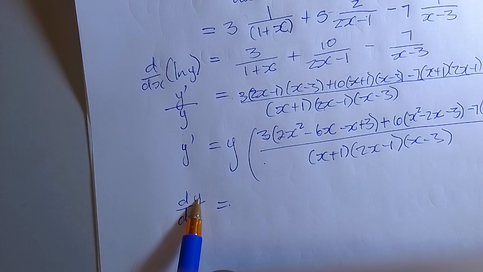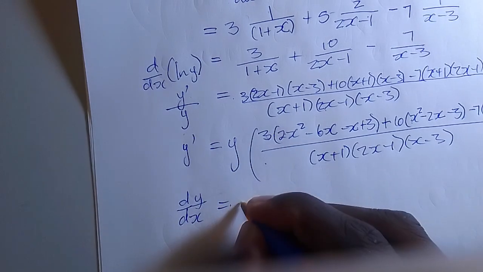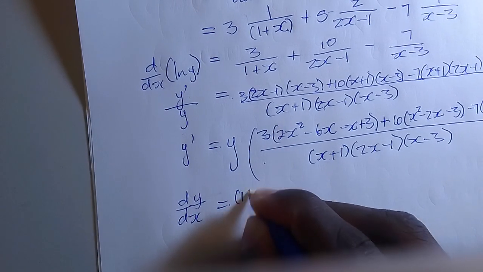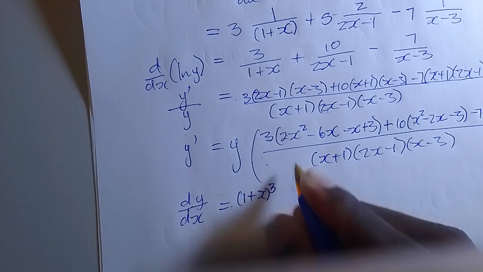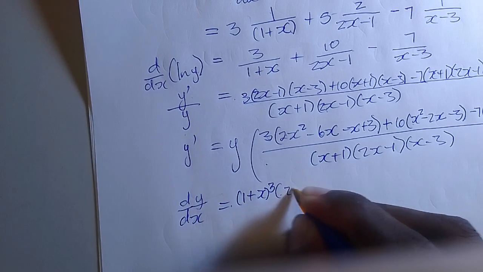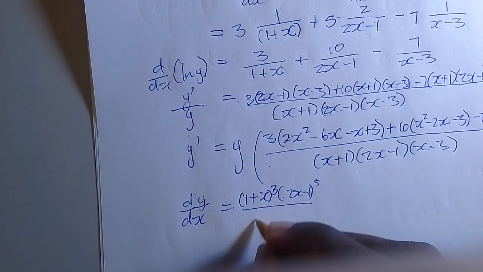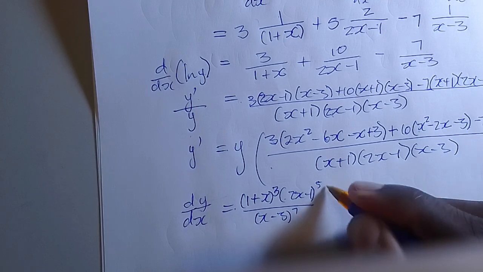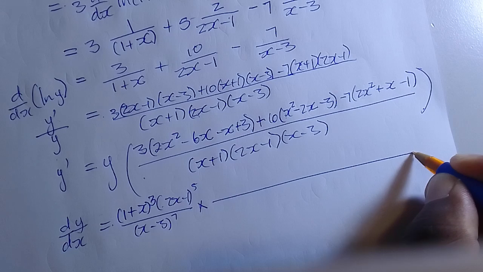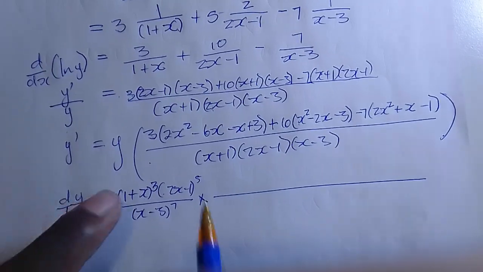So you could also write it here, and here this is the important part, you're supposed to say y is 1 plus x all to the third power, 2x minus 1 all to the fifth power, divided by x minus 3 all to the seventh power. This is multiplied by this huge fraction, which I'll try to simplify.